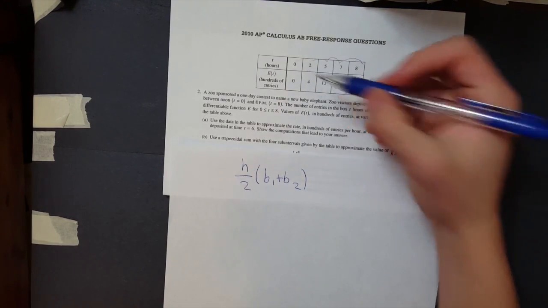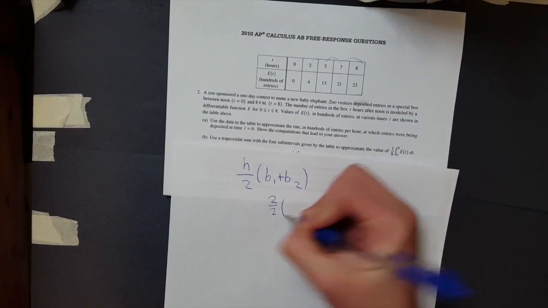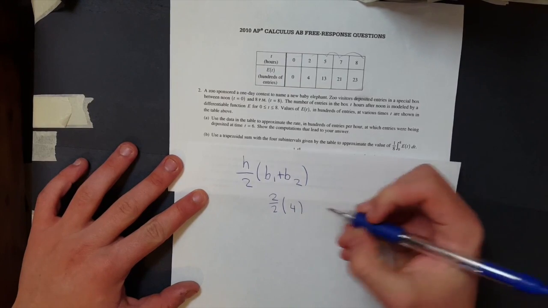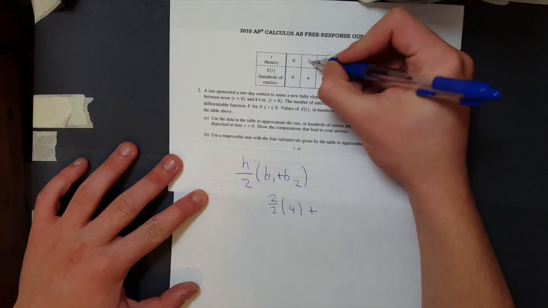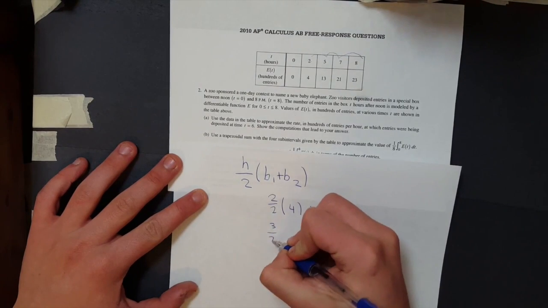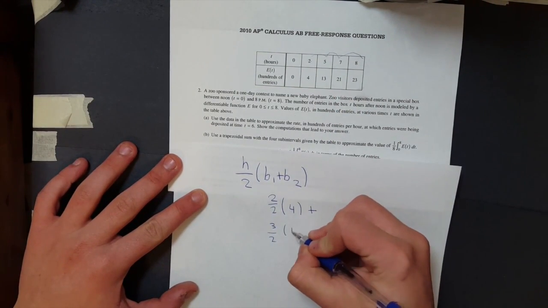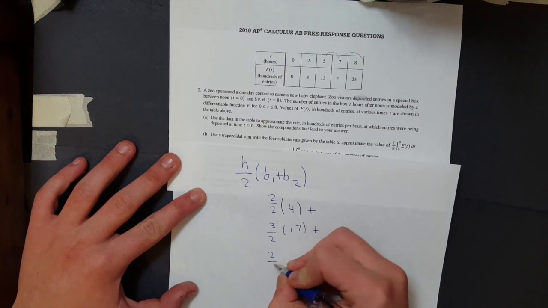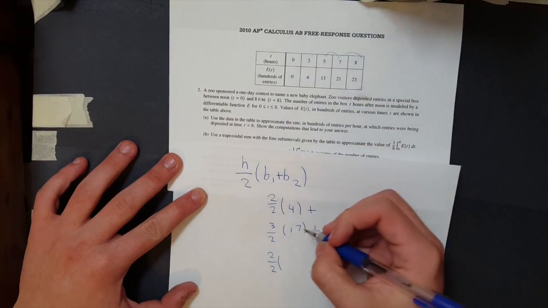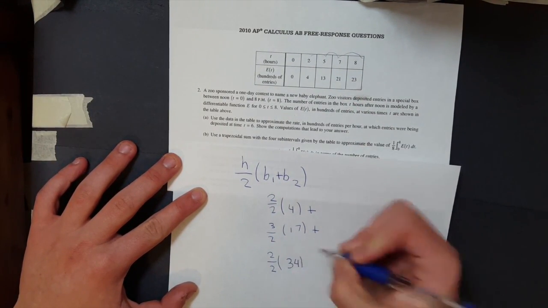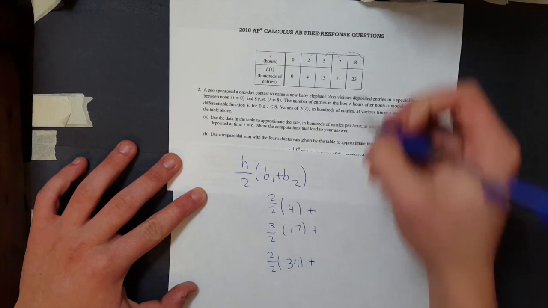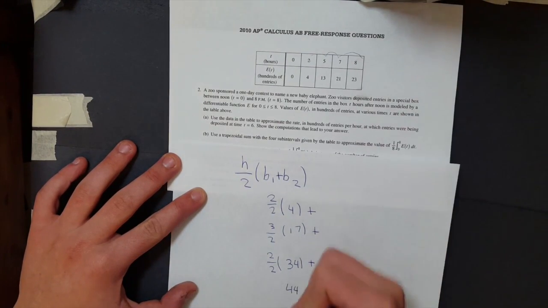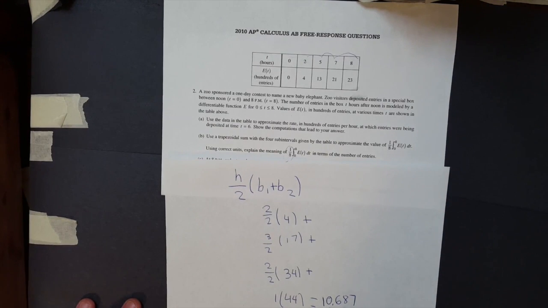So our first height is 2, so it's going to be 2 divided by 2 times your 2 bases added together, which will just be 4, plus 5 minus 2 is 3, so 3 over 2 times 4 plus 13 is 17, plus 7 minus 5 is 2 over 2 times 13 plus 21, which is just 34, plus 21 plus 23 is 44, and times just 1. So we get this, right?